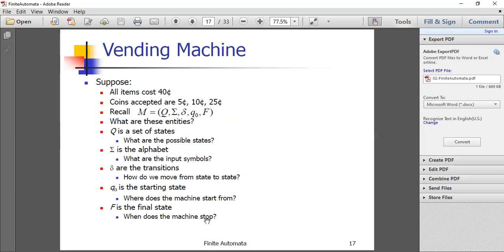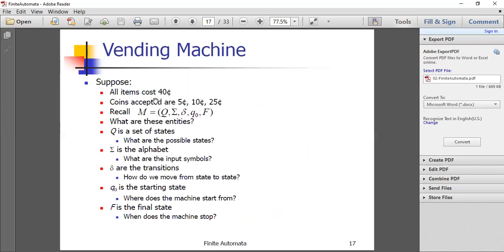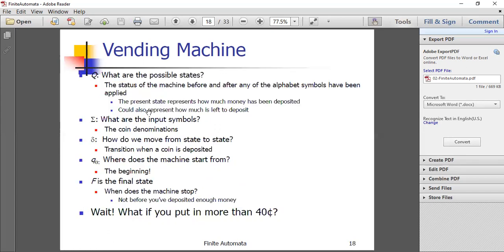So what are the possible states in this example? See here, the status of the machine before and after any of the alphabet symbols have been applied. What are the input symbols? The coins which we are giving here. How do we move from one state to another state?